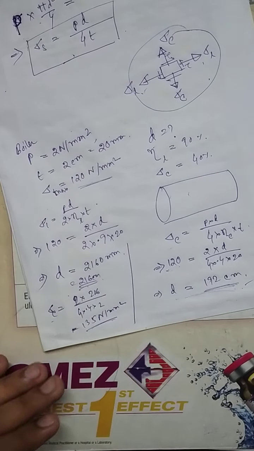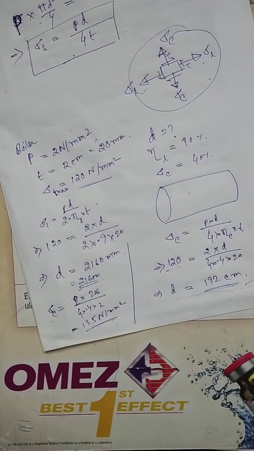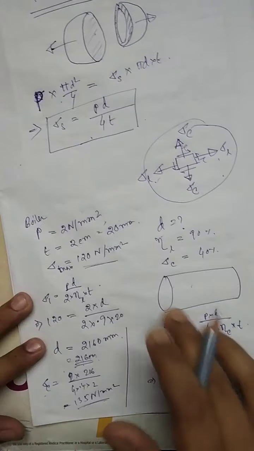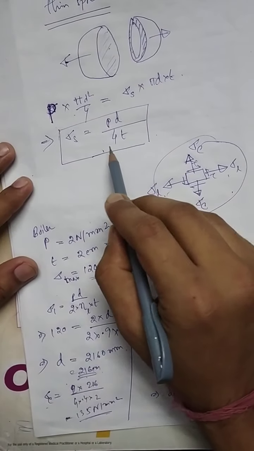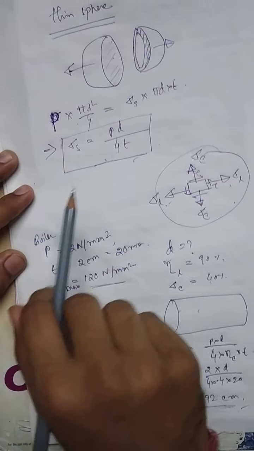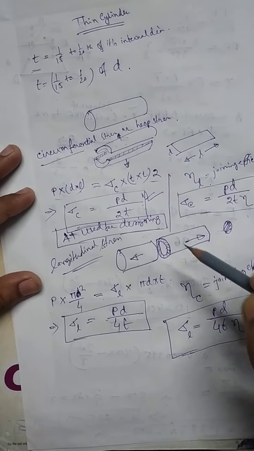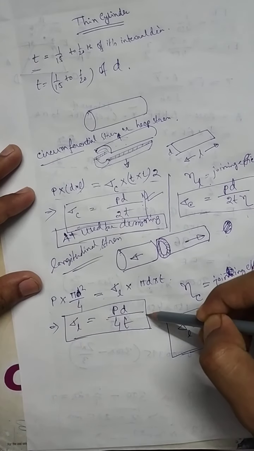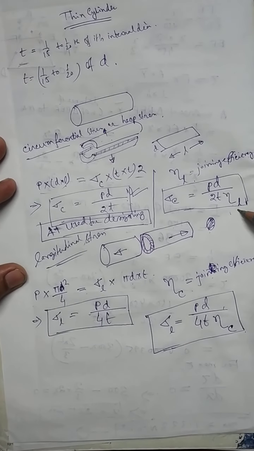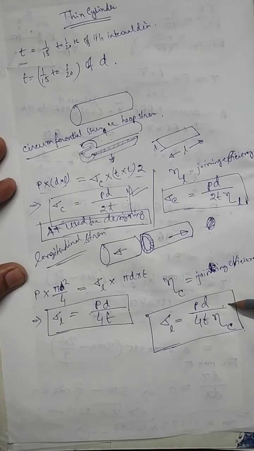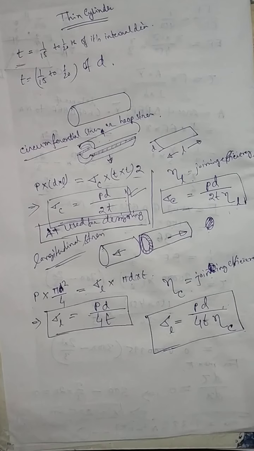This is how we need to solve the problems. You need more problems to solve, but the formulas required are only these 5 formulas: one for the sphere, and for the cylinder 1, 2, 3 and 4.